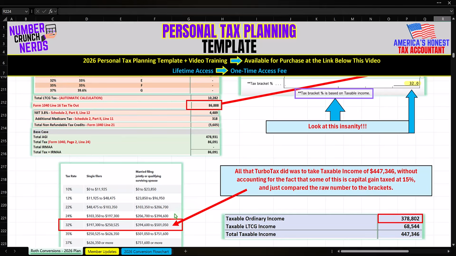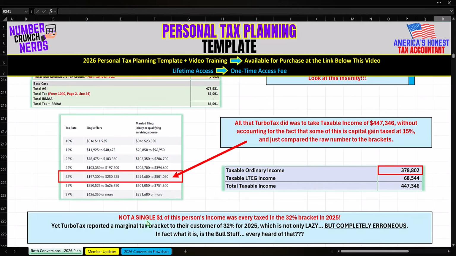There is no mathematics in the world except perhaps inside the TurboTax system, where you take income which is taxed at a maximum of 24%, and then you take income which is taxed at 15%, and somehow you put that together and say the total is taxed at 32%. Okay, not a single dollar of this person's income was ever taxed at 32% in 2025.